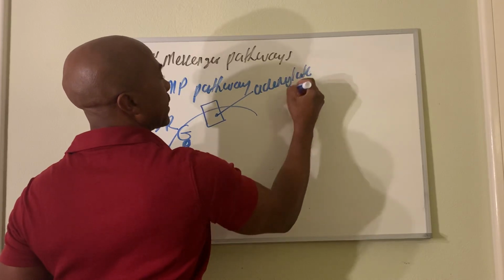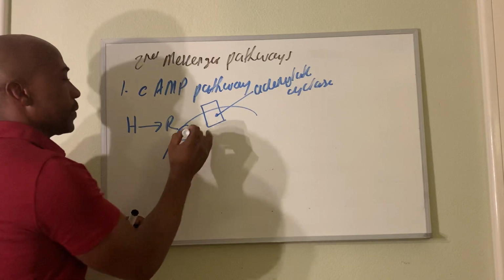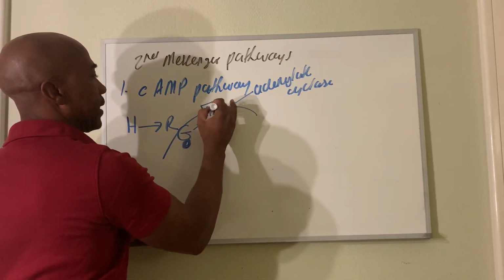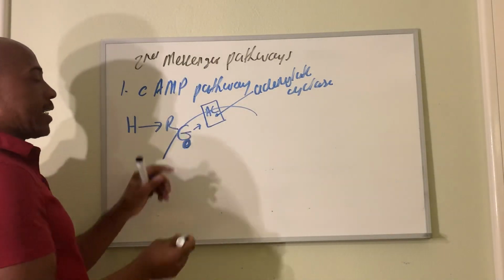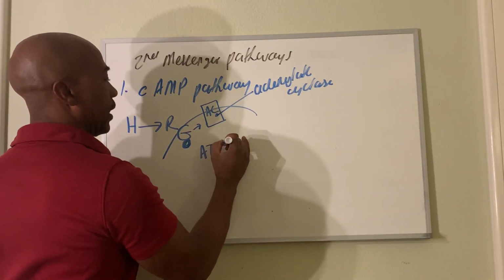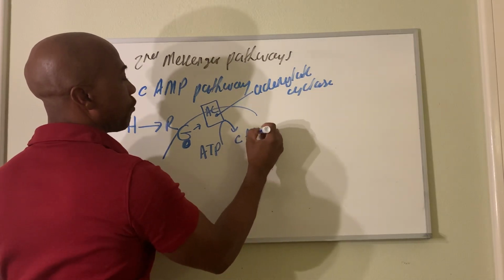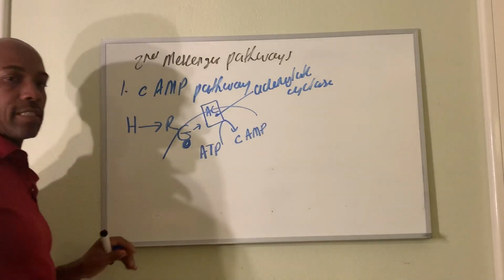Adenylate cyclase is the enzyme that the G protein turns on, okay, called AC. Then this enzyme will convert ATP into cyclic AMP. We have seen this before in the olfactory system, all right?